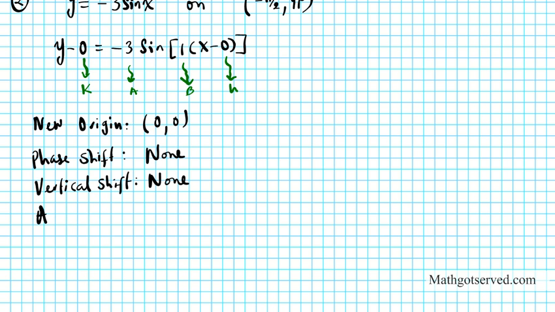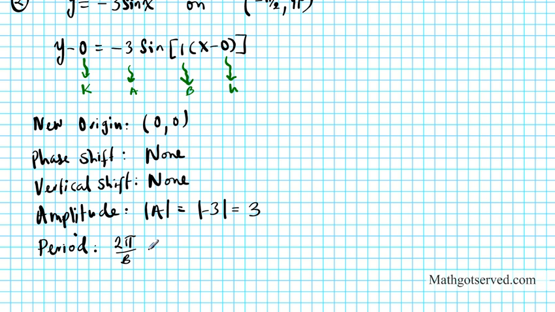My amplitude, for the scalar quantity, there can be any signs there, is the absolute value of A, which is the absolute value of negative 3, and the absolute value of negative 3 is 3, because negative 3 is 3 units from 0. Okay? Alright, my period is given by the formula 2 pi over b.